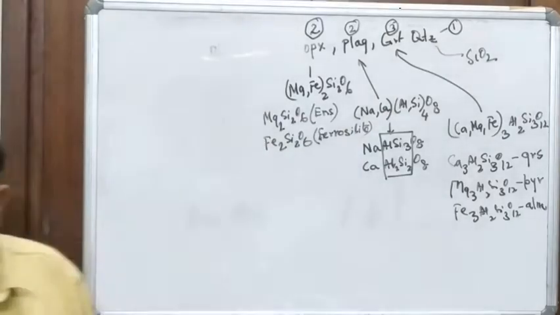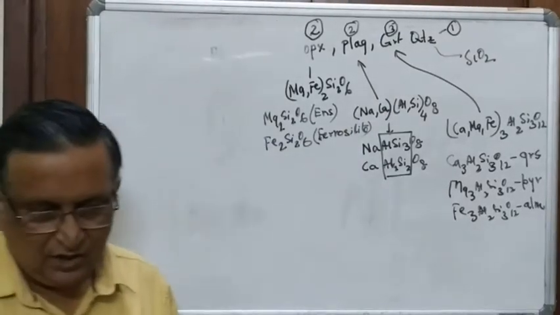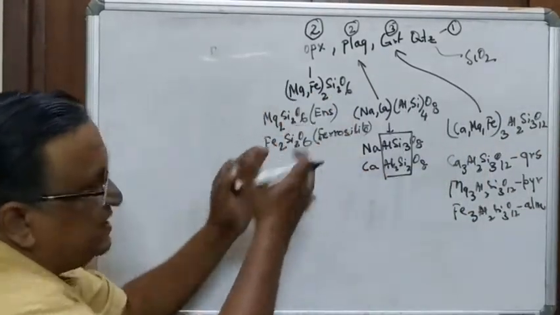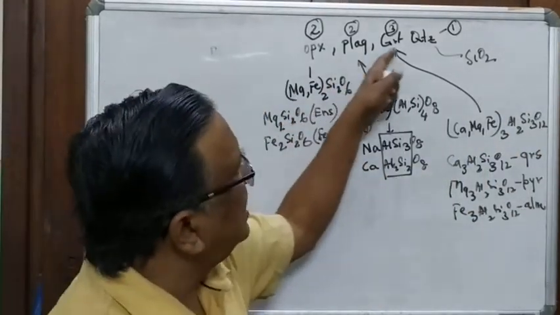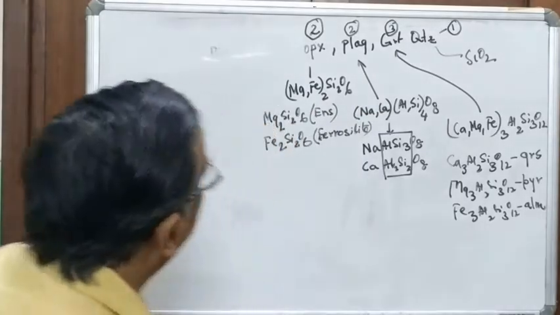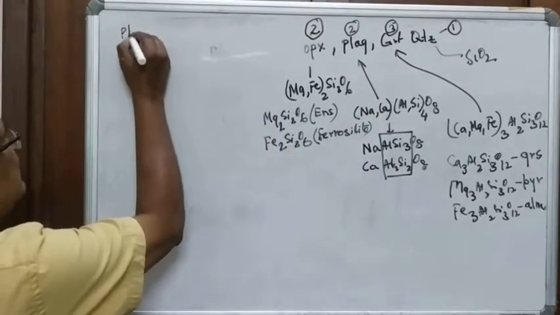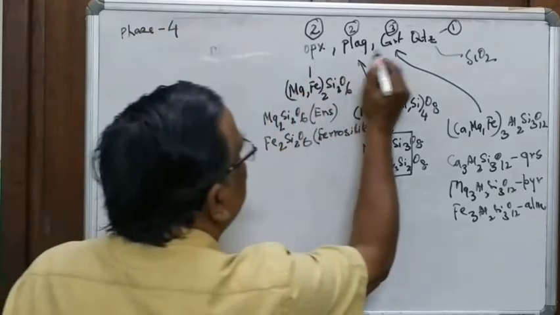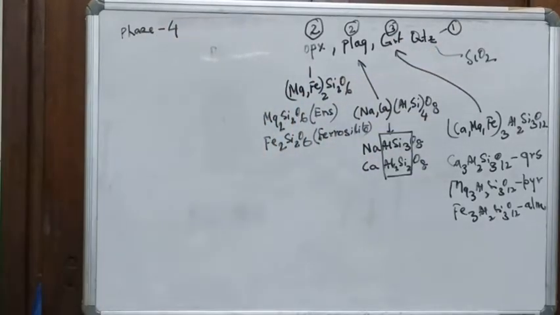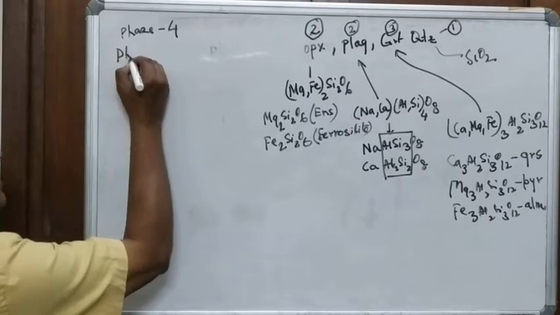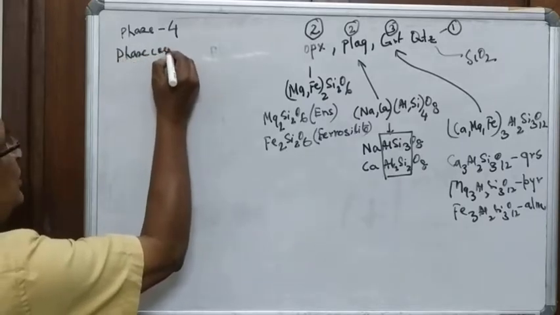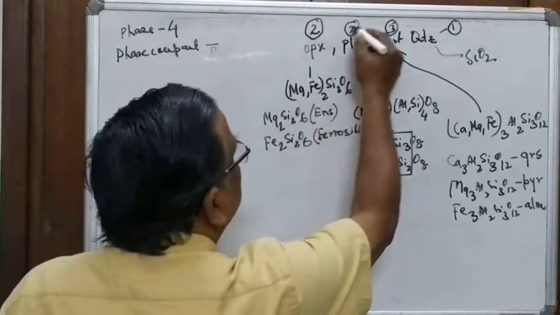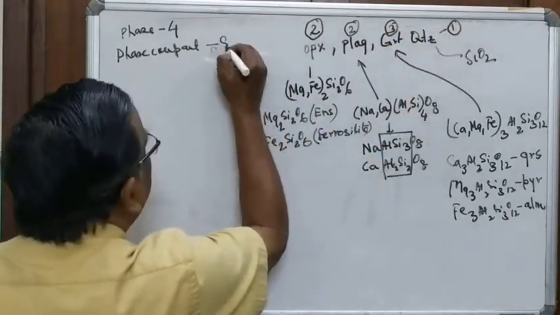So these are the number of phase components in the system that contains orthopyroxene, plagioclase, garnet, quartz. How many phases are there? Of course, 4: 1, 2, 3, 4 phases. Phase components are 2 + 2 = 4, + 3 = 7, + 1 = 8.